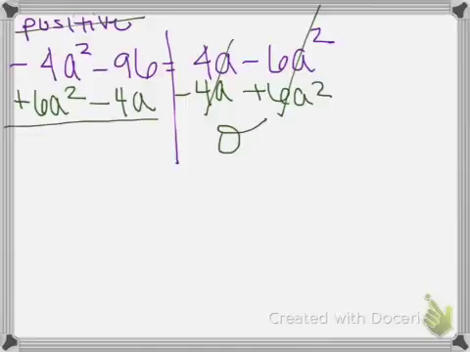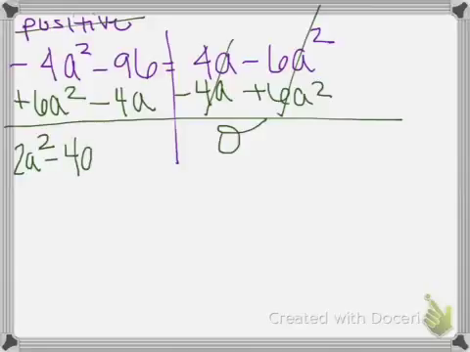Now when you're looking at this, negative 4a^2 and 6a^2 go together to get 2a^2. Negative 4a and negative 96 cannot go together because they're not like terms. So we put the negative 4a first, and the constant always goes at the end.